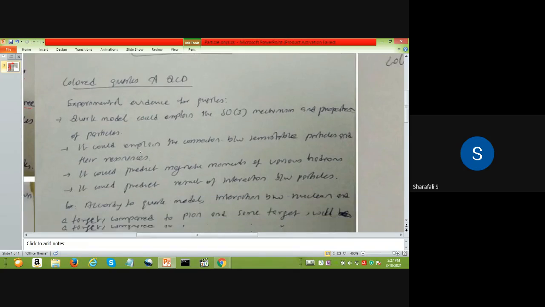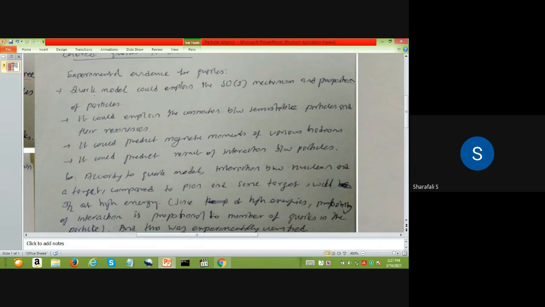So when you consider the experimental evidence for the quarks, we have the quark model. You can say that this quark model just predicted that the baryons are composed of three fundamental particles, quarks, and the mesons have a quark antiquark pair.